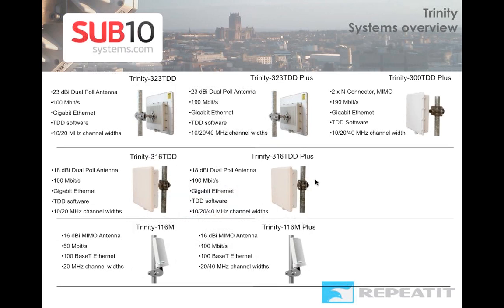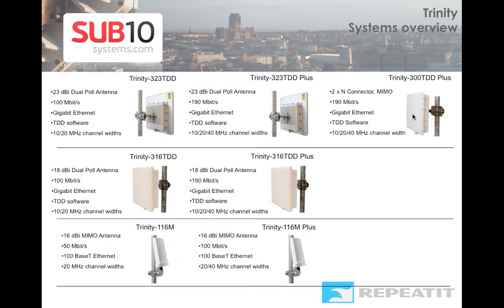The last 2 digits in Trinity products are usually related to the type of antenna. If you look at 323 and look for antenna gain, the last 2 digits are 23, and it means there is a 23 dBi gain antenna. If it's 300, which is on the same line, it's a smaller unit because there is no integrated antenna. There are just two N-type connectors, and you can connect your own antenna.